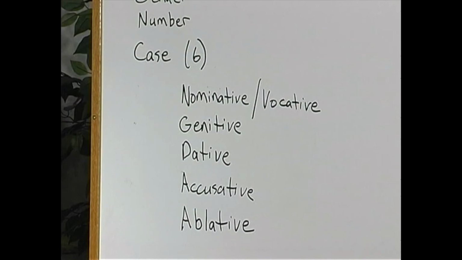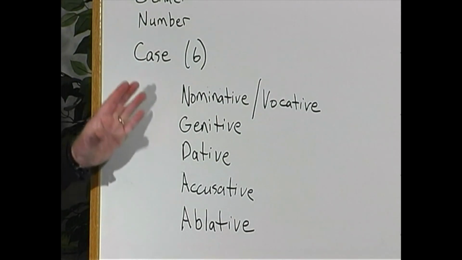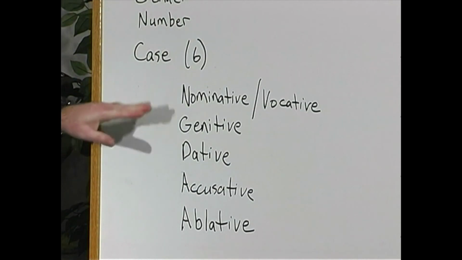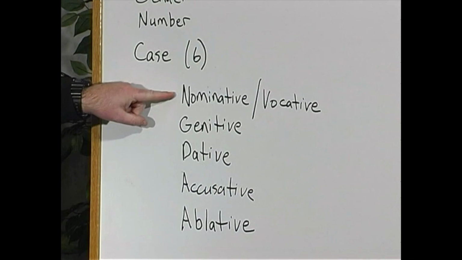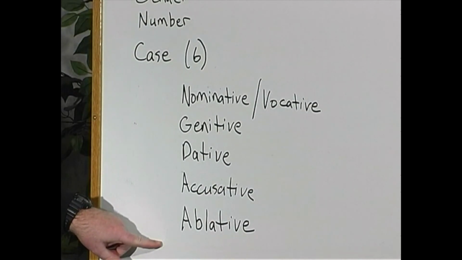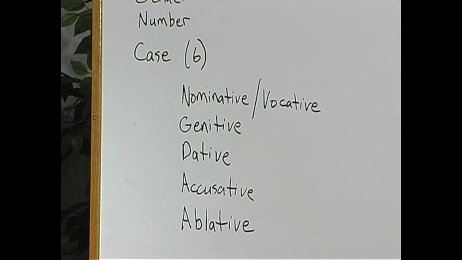They're spelled the same. This paradigm needs to be learned and memorized. That is, these 5 cases, nominative, genitive, dative, accusative, ablative. You have to learn those terms and that paradigm of declension.